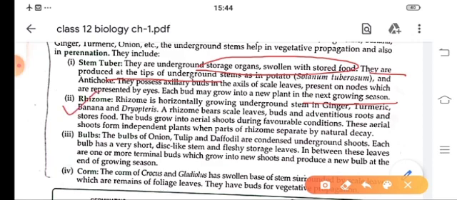Next comes rhizome. Rhizome is a horizontally growing underground stem, like in ginger and turmeric, and it also stores food in it, and buds and adventitious roots arise from the part of the rhizome, and then these form a new plant.